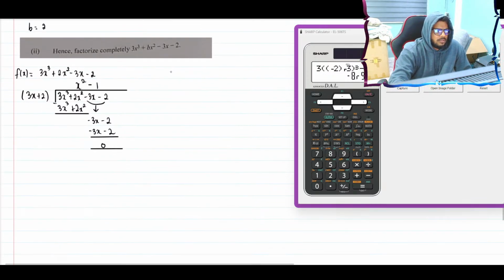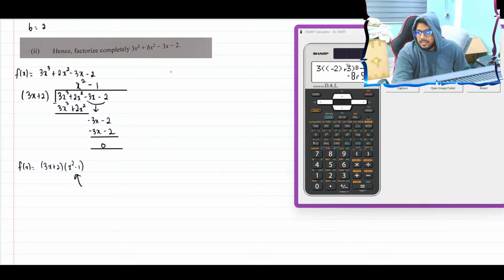So now we're saying, therefore, f(x) will be equal to 3x plus 2 into x squared minus 1. And don't get caught, this could be factorized further. This is a difference of two squares.